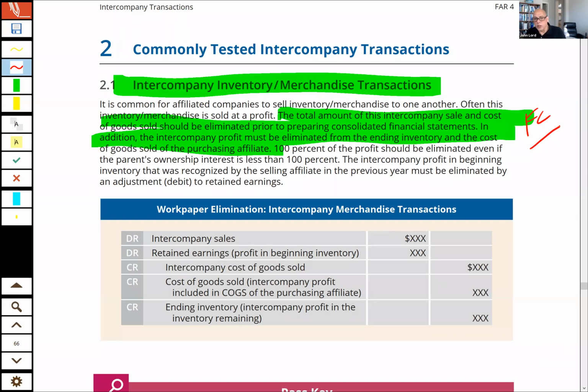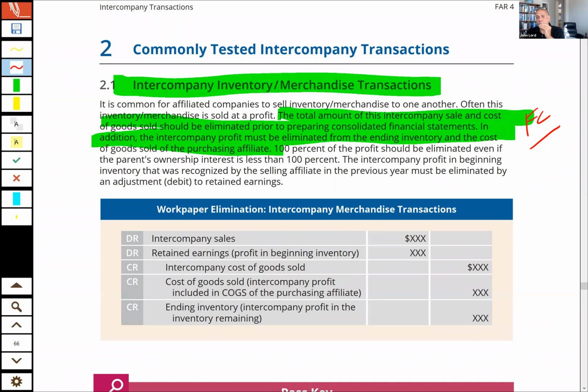We're going to look at an example of that in a second, but just visualize this a little bit first. I have purchased inventory from my subsidiary, let's say, and my subsidiary sells me that inventory with a profit included in there. Then I turn around and I sell some of that inventory but not all of it.